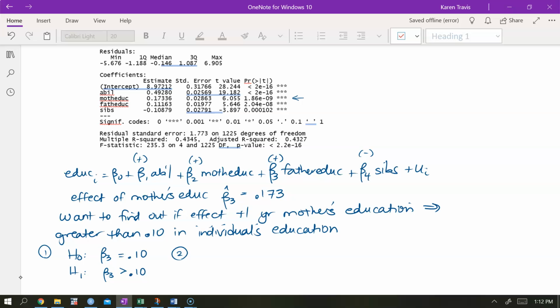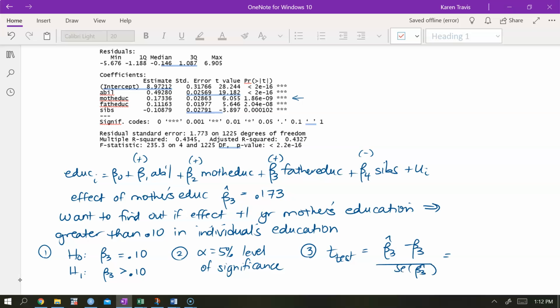Let's suppose I'm going to use a 5% level of significance. Now let's take a look at the t-test. The t-test will change because we're not testing as compared to 0 anymore. So our slope coefficient is 0.17336. Our standard error is 0.0863.